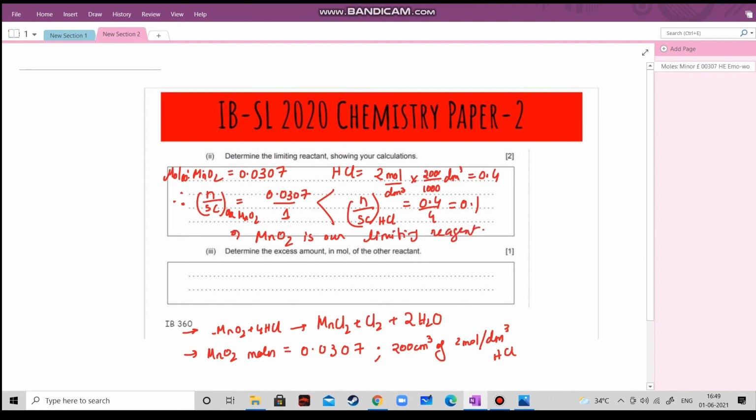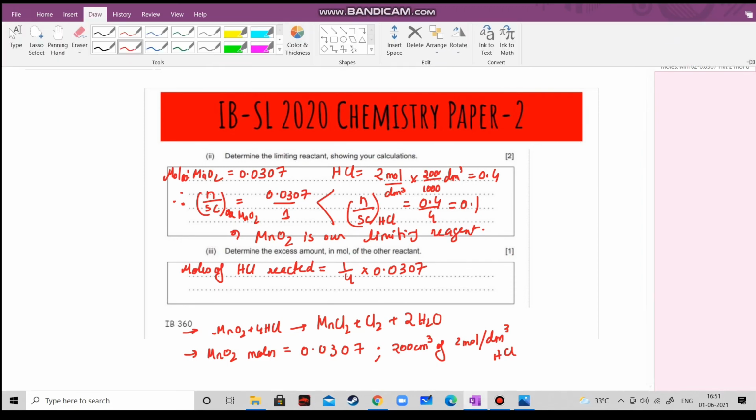Determine the excess amount in mole of the other reactant. So total there is 0.4 moles of HCl, and there is 0.0307 moles of MnO2. So moles of HCl reacted, we need to apply the stoichiometry between MnO2 and HCl. It is obviously in 1:4 ratio. Okay, I believe there was a little error here.